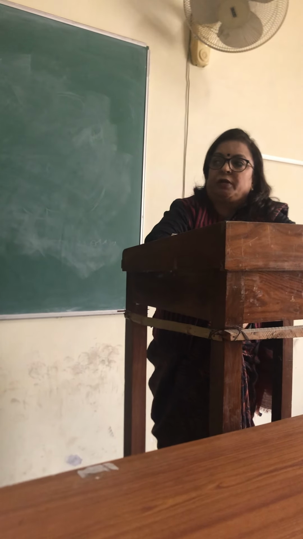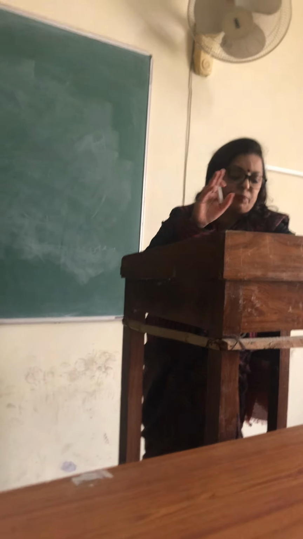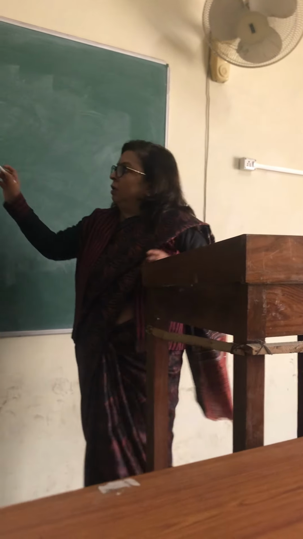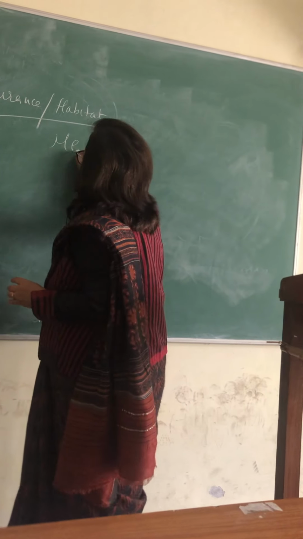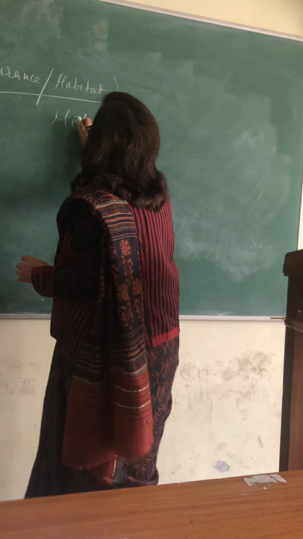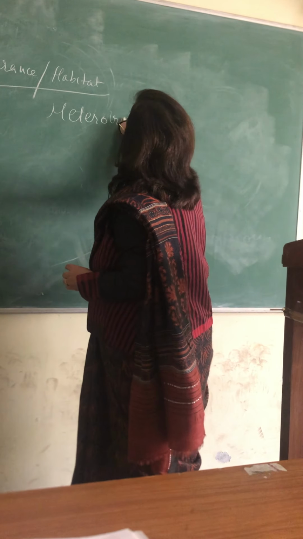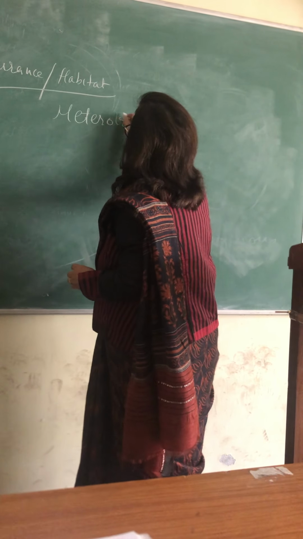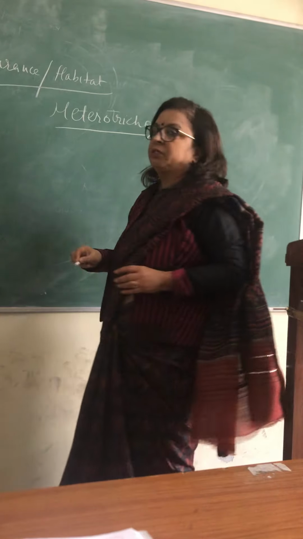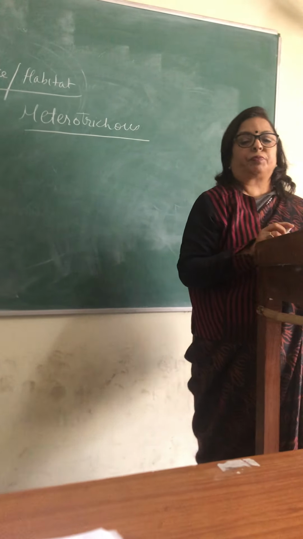So another thing which we have to see when we see the occurrence as well as the structure of Coleochaete is one thing which is not very normal in algae, that is the heterotrichous nature of the thallus.